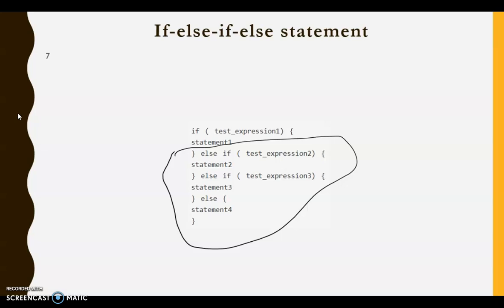So the logic is the same as before. You put the conditions in parentheses for all of them. All of them come after if. So you see if, and inside parentheses you have test expression 1. Inside parentheses, you see the second one and the third one. And all the statements come inside the curly brackets.